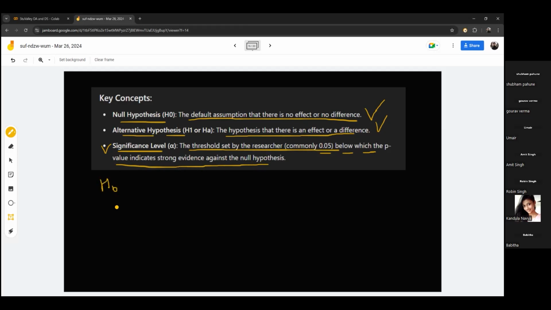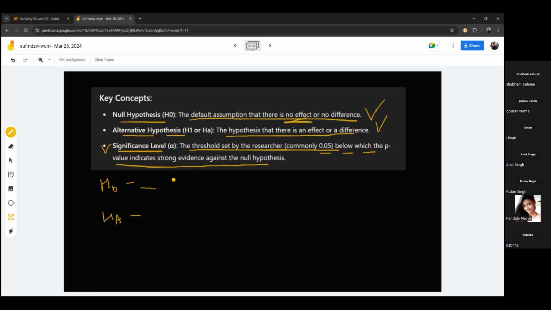We have two statements here. Usually in the null hypothesis the things are the same.